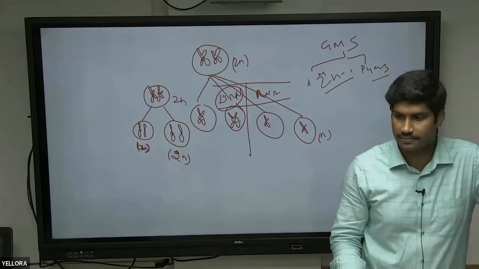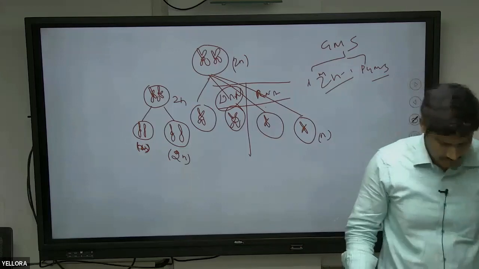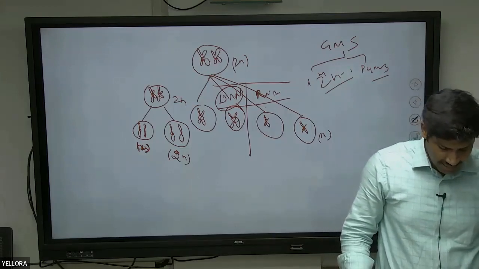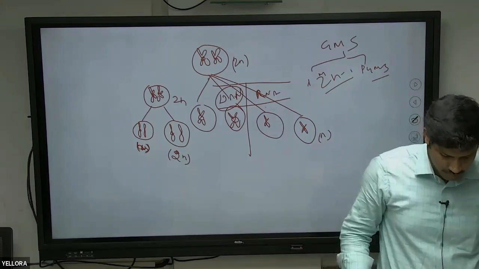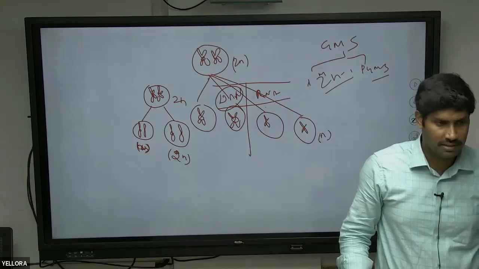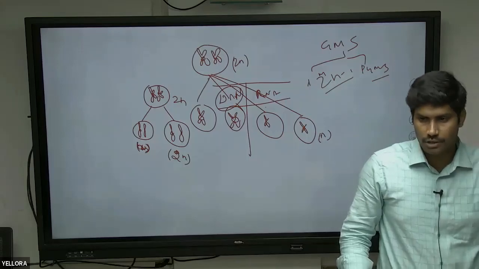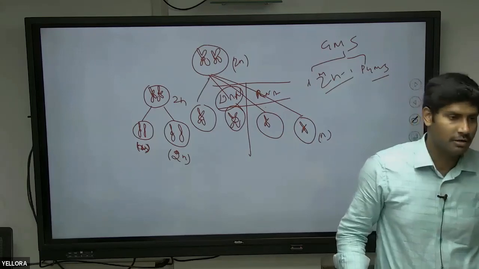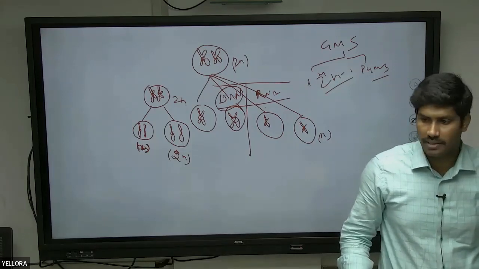Okay, right, so what is heritability? Explain the types of heritability and their significance in crop improvement. So define heritability: the ratio between the genetic variance and the phenotypic variance.